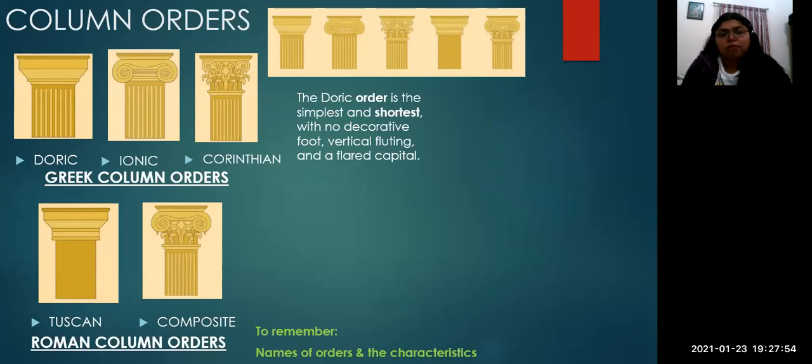Another thing that you have to remember about the Doric column is that it is the simplest and shortest column. It has no decorative flute. It has vertical fluting and a flared capital. These lines are called the flutes.